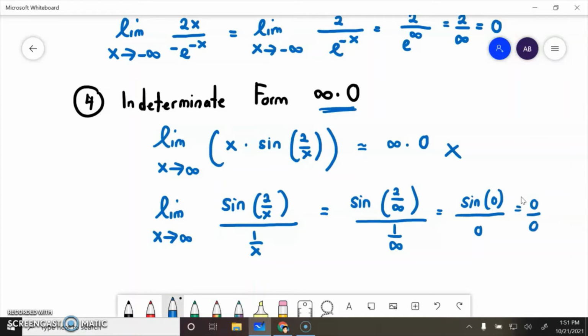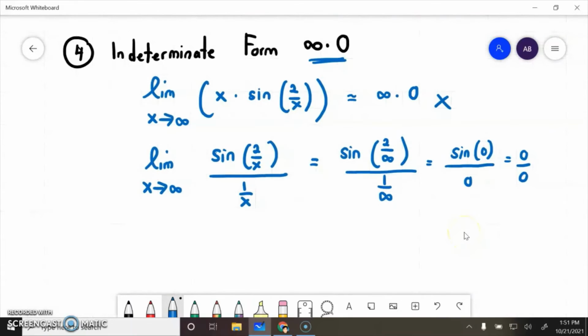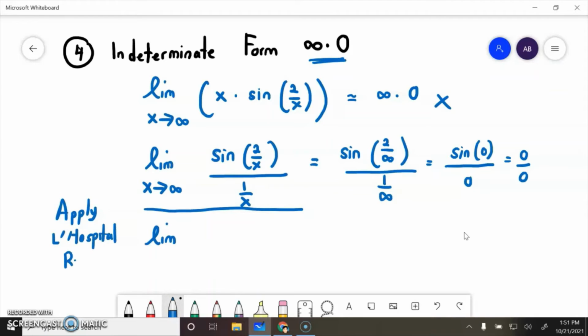So now it's in this form, right? Once it's in the indeterminate form, now you can apply L'Hopital's rule. So I'm going to apply L'Hopital's rule for this limit here. I'll put a note here: apply L'Hopital's rule.